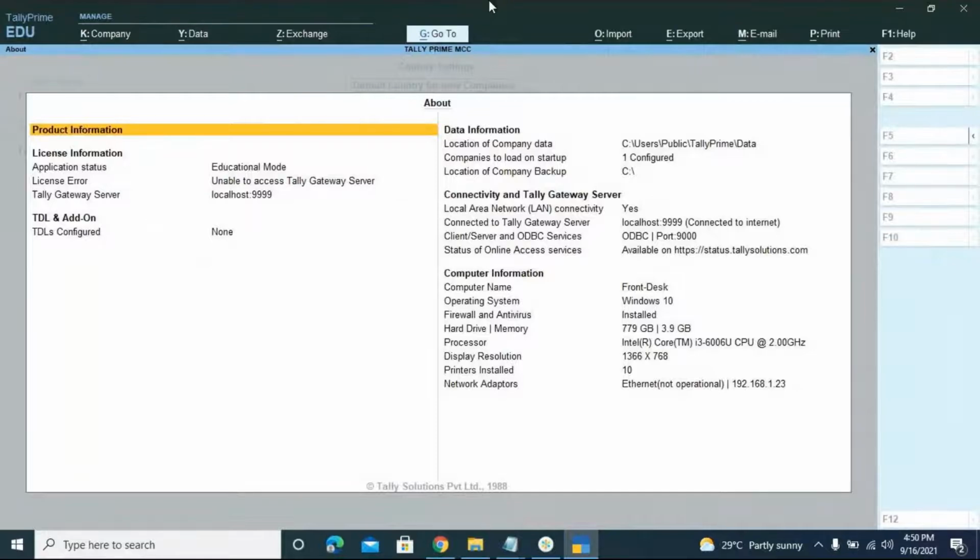It gives you the complete product information about the Tally software: the educational mode we are using, where the data information is stored, and the LAN network. Which is the client or the server? Of course, we have the open database connectivity, and the operating system we are using, that is Windows 10, and what is the hard drive memory.